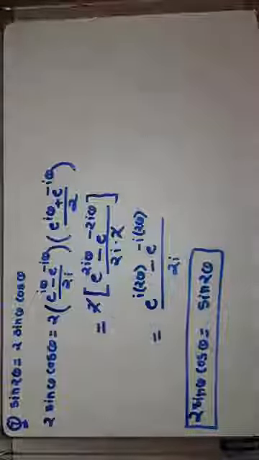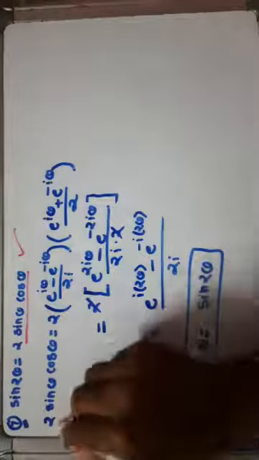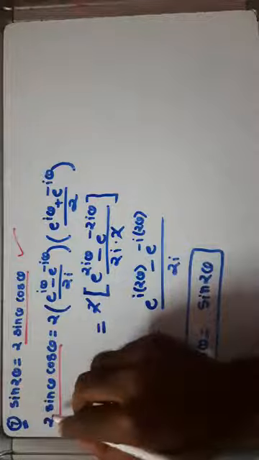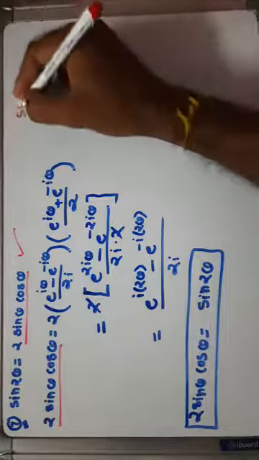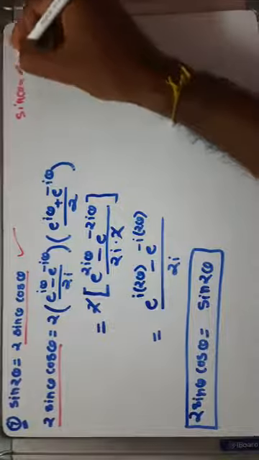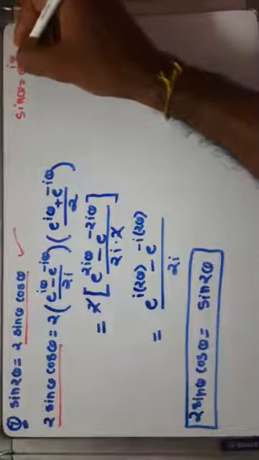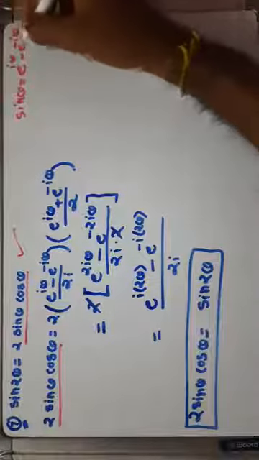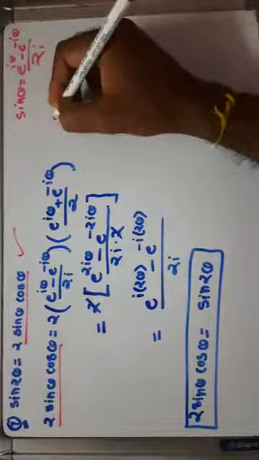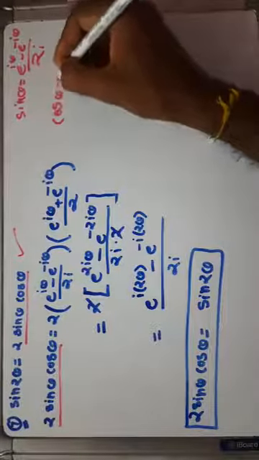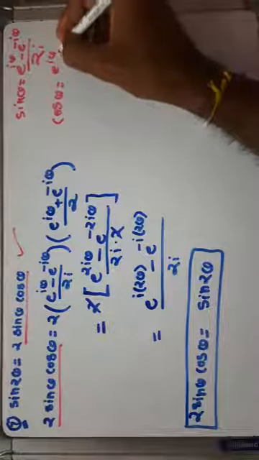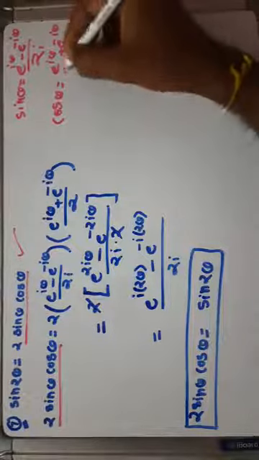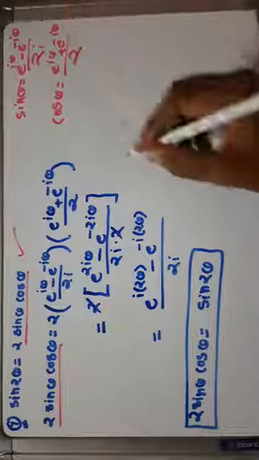In that property, we take the RHS side here, and we use sine theta. Sine theta means e raised to i theta minus e raised to minus i theta divided by 2i, and cos theta means e raised to i theta plus e raised to minus i theta divided by 2.